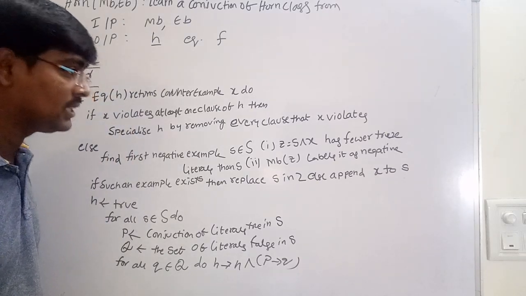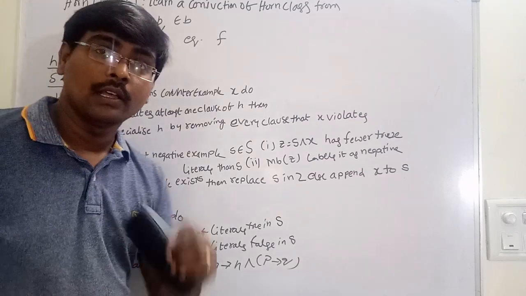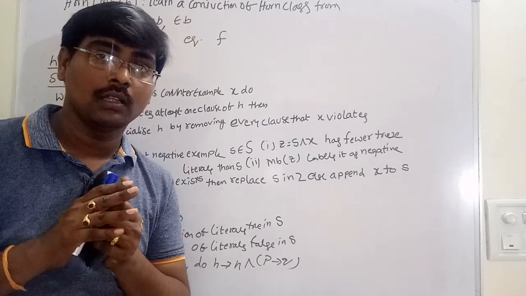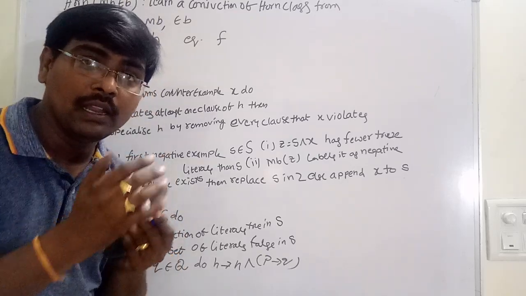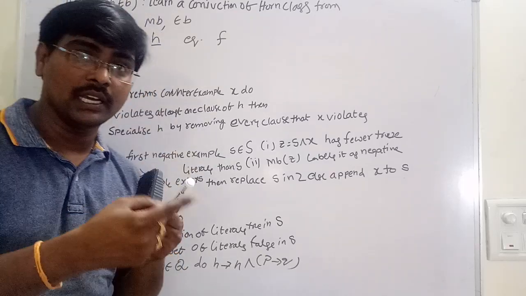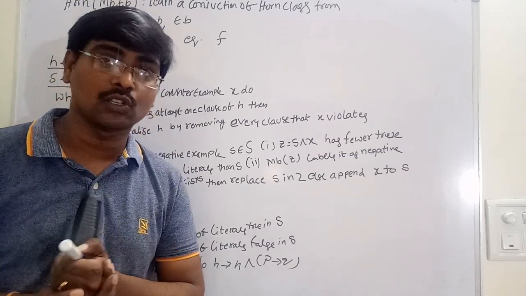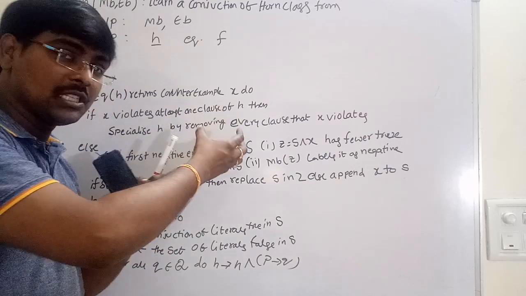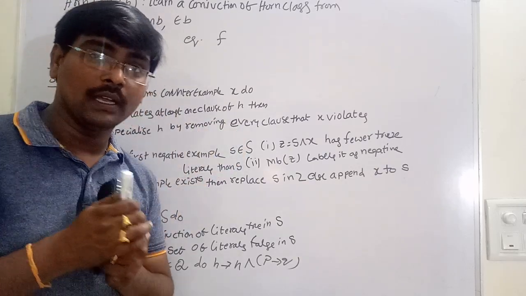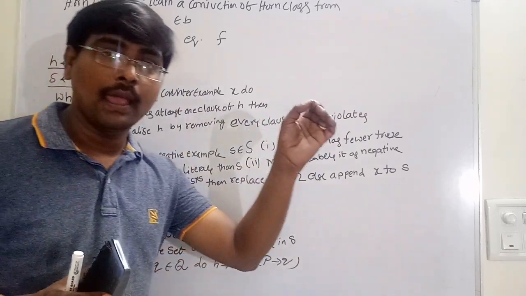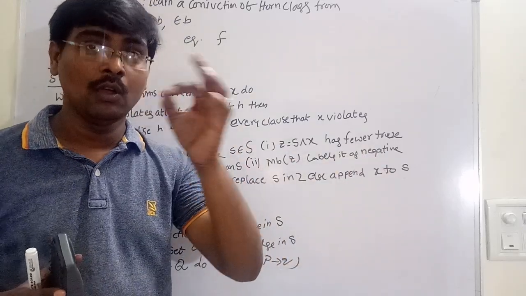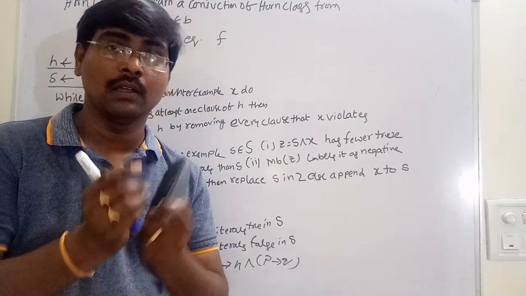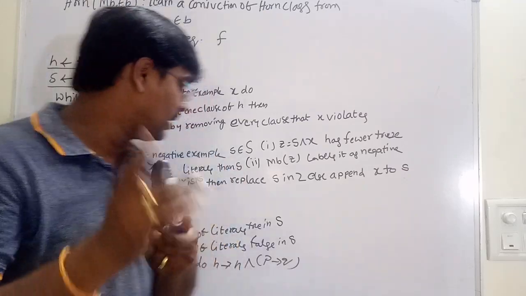Find the negative example. Consider S, the set of all negative examples. From this set we repeatedly construct the hypothesis, and step by step, by adding the negative examples, we are identifying the true literals by minimizing the true literals.